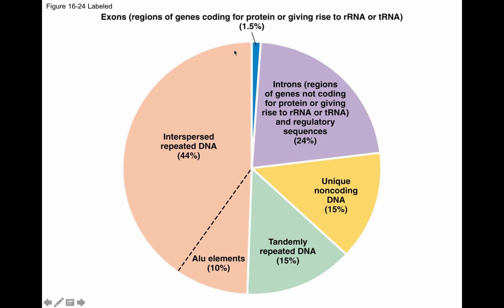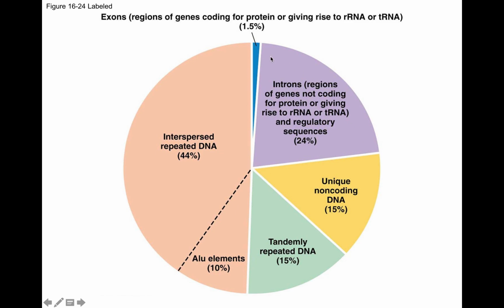So all of this gets transcribed at some time during the lifetime of a cell, but most of what we think about as being something being transcribed and then turning into a protein, that's a very small percentage of the pie.